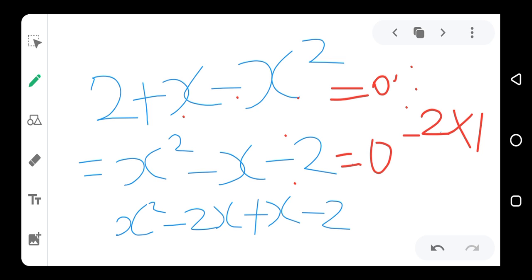That is now minus 2x and 1x, which is x, positive. Now we use that to replace the middle term here.